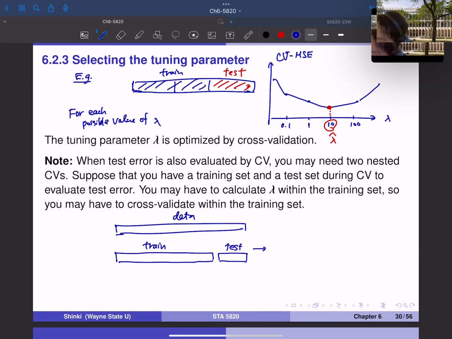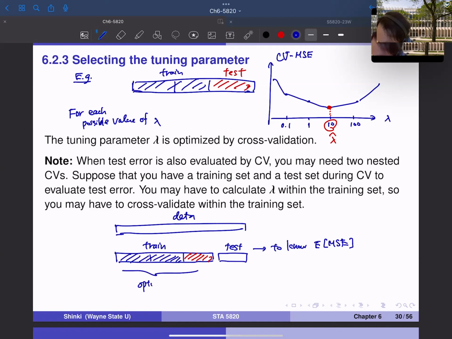The test set is to know the expected MSE. So in such a case, we have to divide this training set into several pieces and use a sub-training set and a sub-test set, and we optimize lambda here.